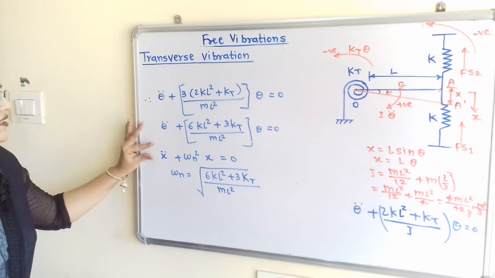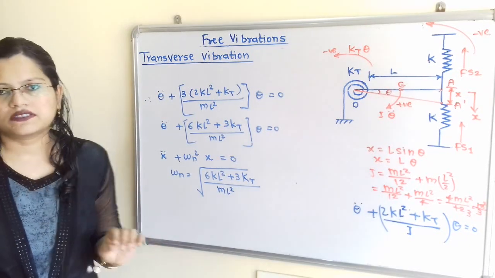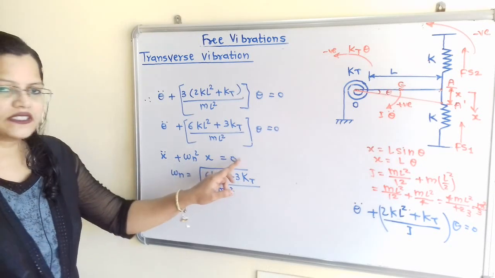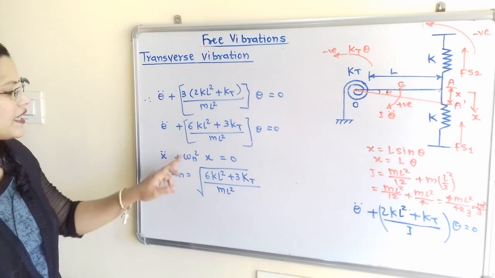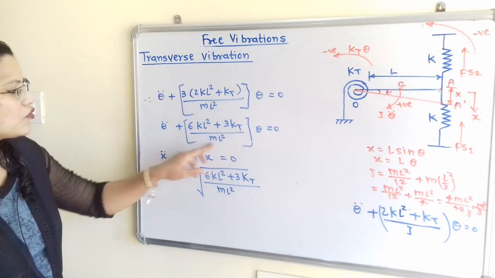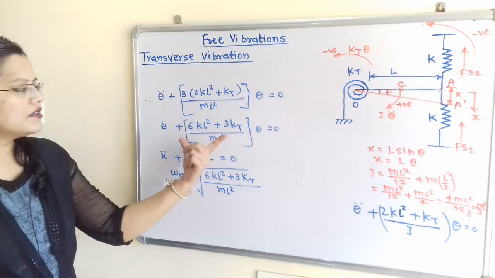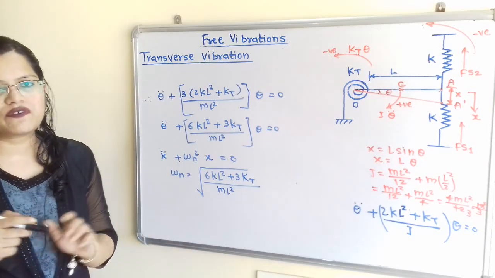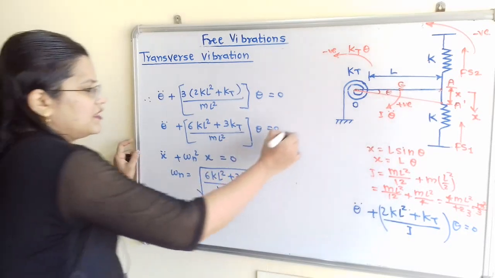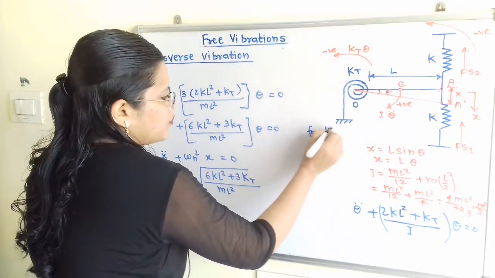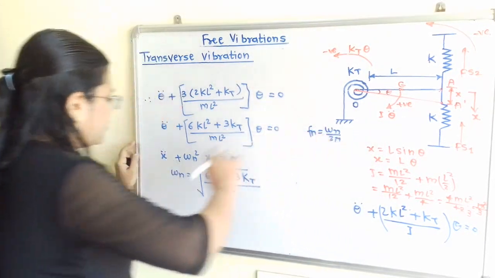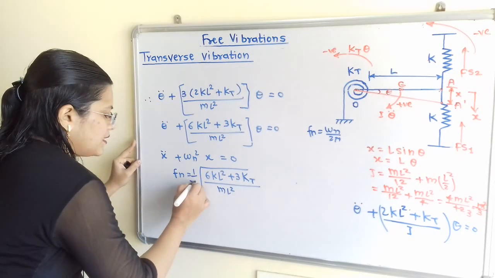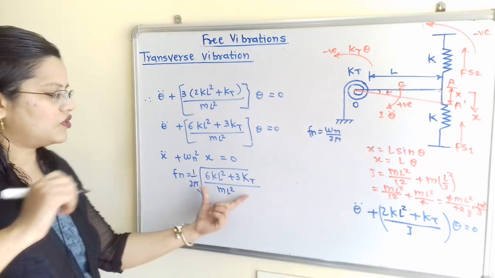Now we will compare this equation with the equation of simple harmonic motion, X double dot plus omega n square x is equal to 0, and therefore we can write omega n is equal to under root of this term, that is the term in the square bracket. How can we find out the natural frequency? The natural frequency Fn is equal to omega n by 2 pi. So simply write Fn is equal to 1 by 2 pi under root of this whole term.